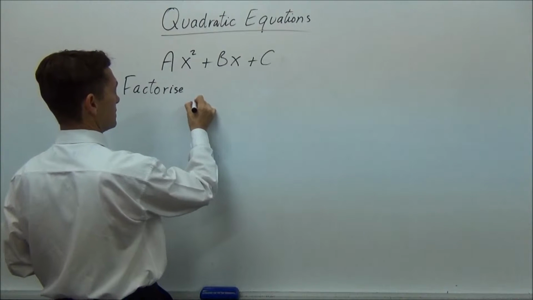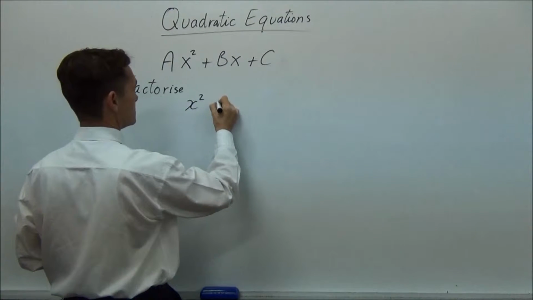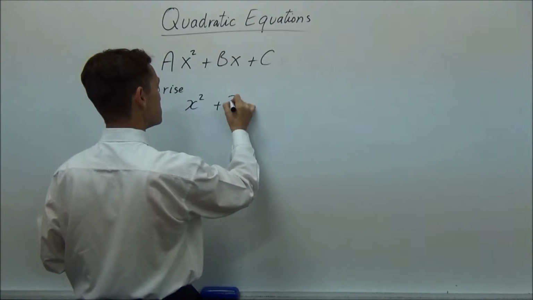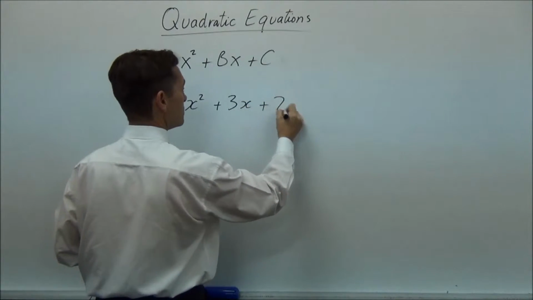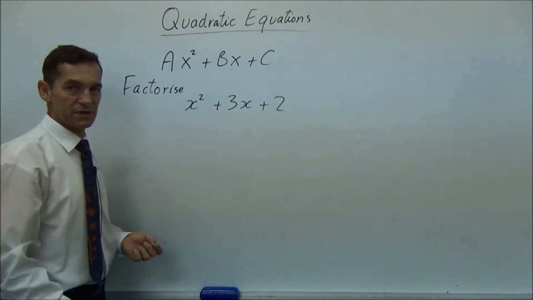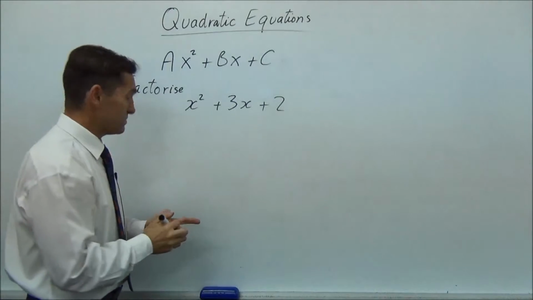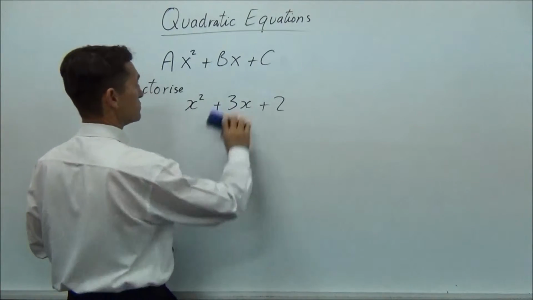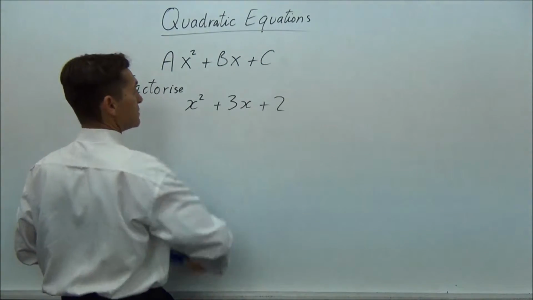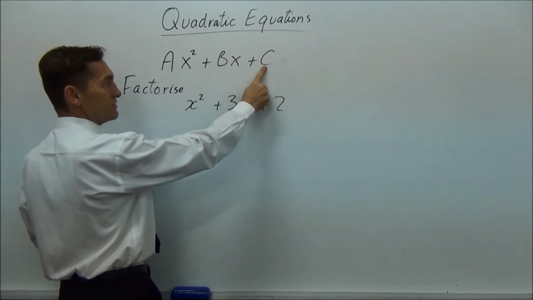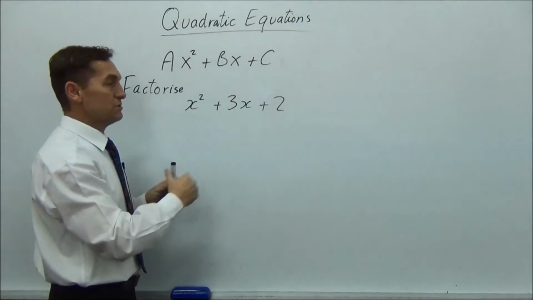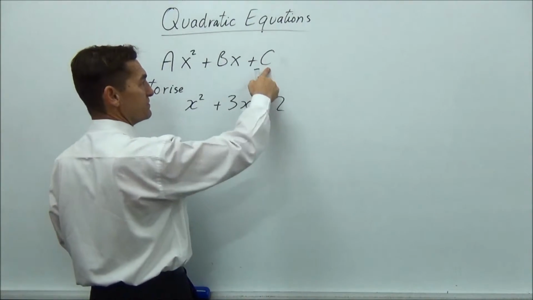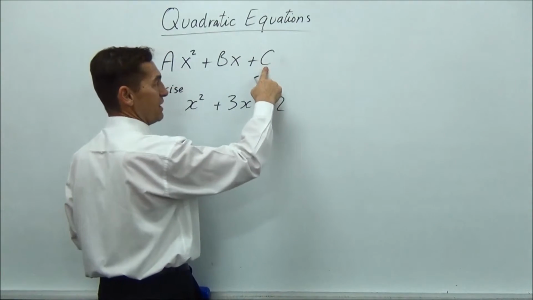Really simple one would be x squared plus 3x plus 2. So we want to factorise that. What you do when you factorise is look at this number on its own, and figure out what are the factors of that.